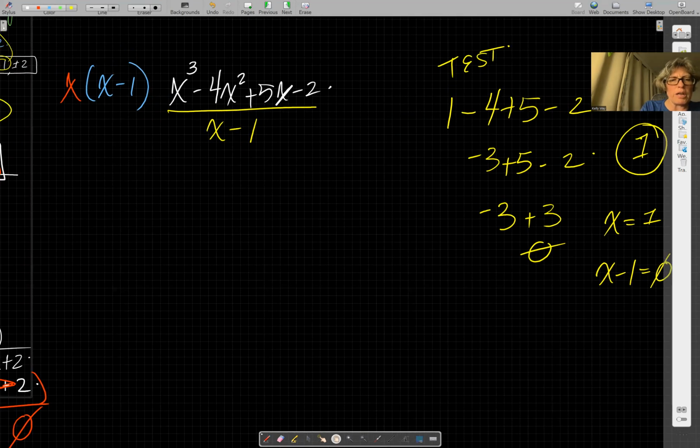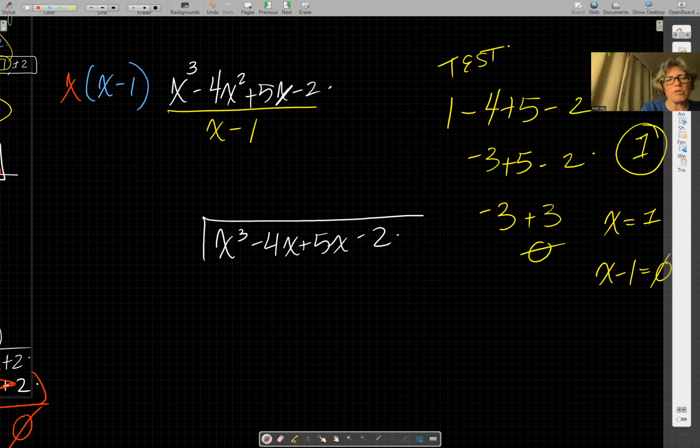Now we're going to do a giant division again: x to the third minus 4x squared plus 5x minus 2, divided by x minus 1. Let's make sure I don't mess with the signs again. Oops, we just did. It's a square there. Double check my sign so I don't mess this up. Good. Okay, ready? Here we go.